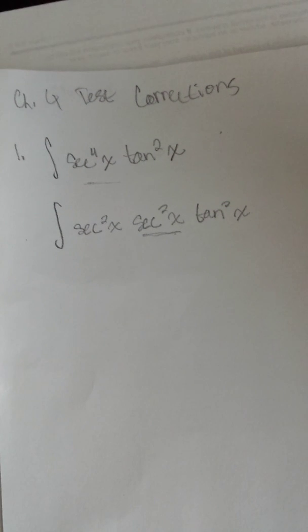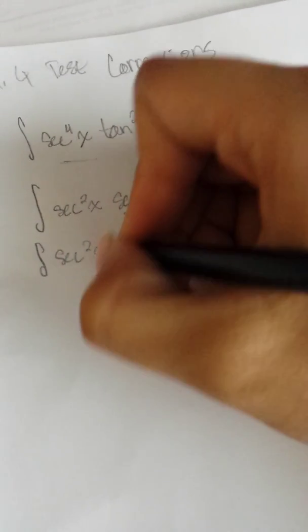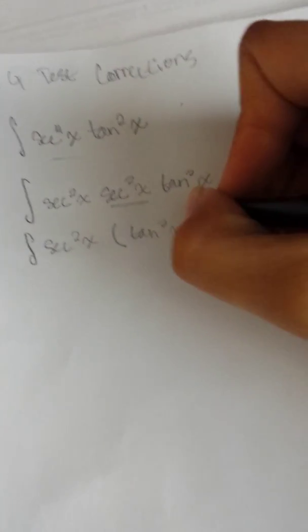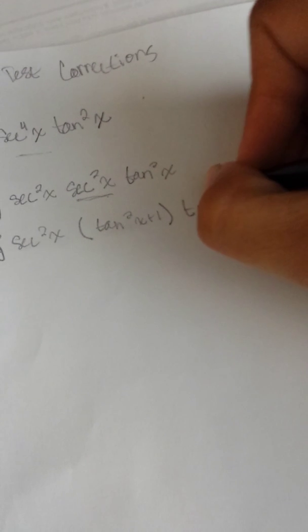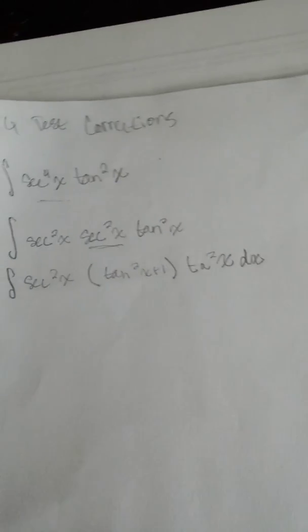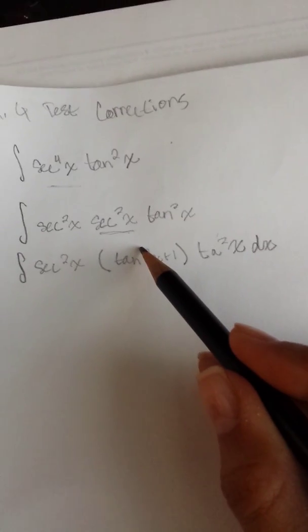So secant squared x times tan squared x plus 1, and you still can't really do substitution for this problem. So then I multiplied in this tan squared x.